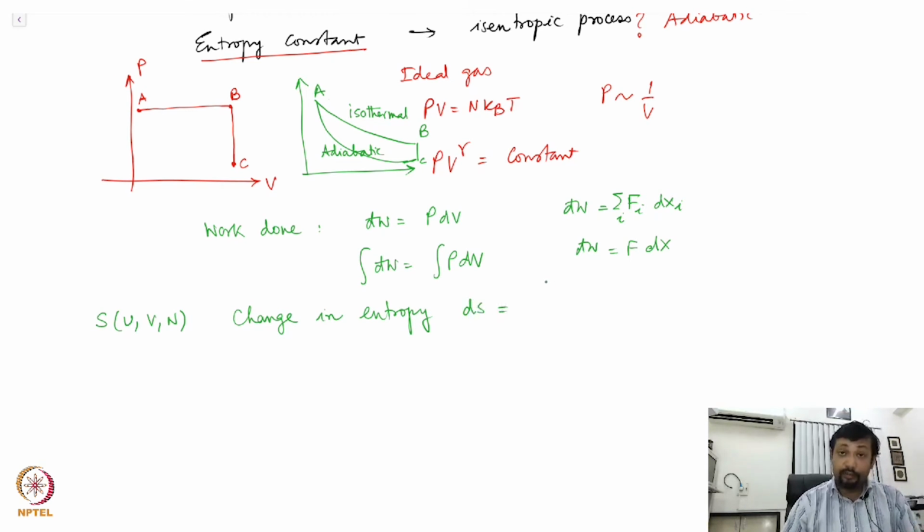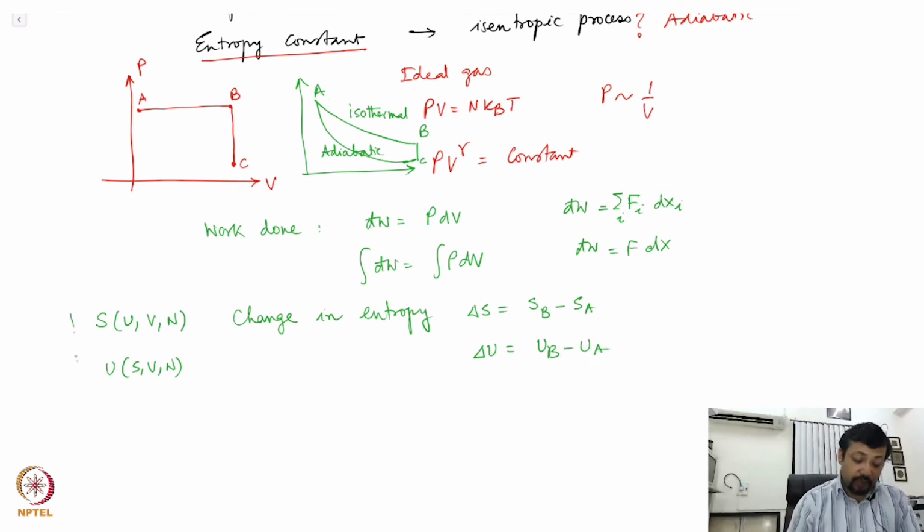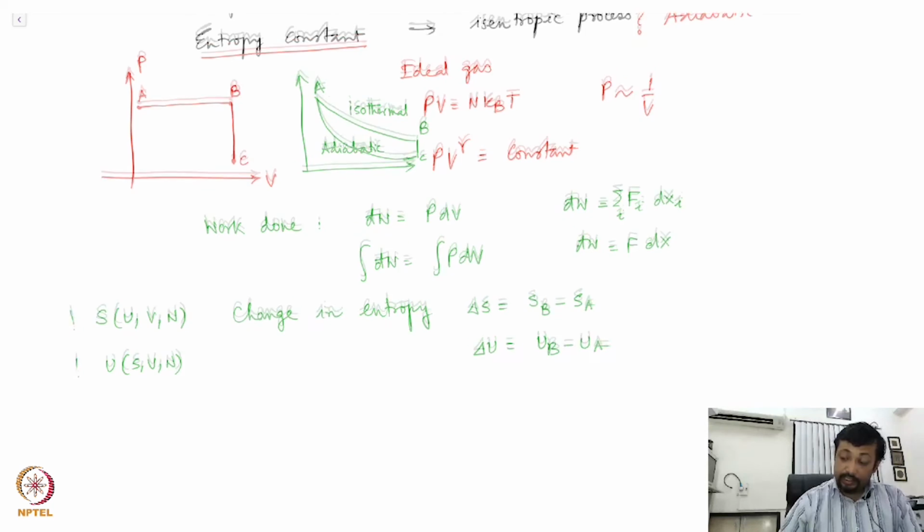If it is taken from A to B, then delta S is going to be S_B minus S_A. If you know this relation, then of course you know U as a function of S, V, N, and the change in internal energy would be U_B minus U_A, provided you know these relations, right?